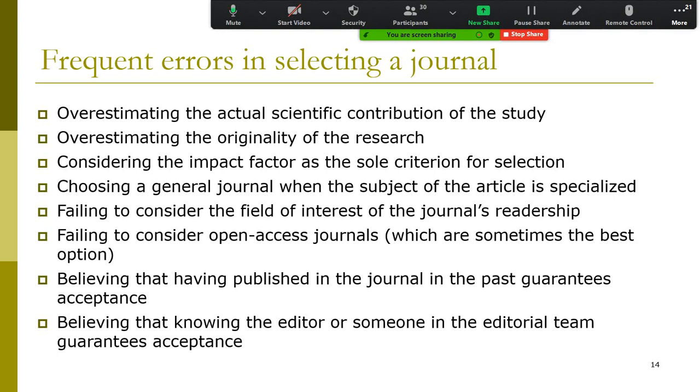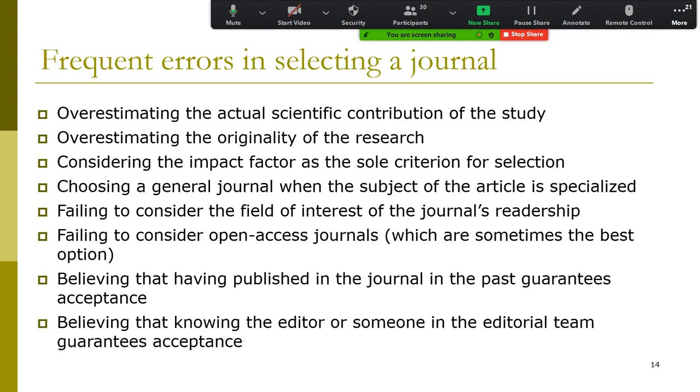In this case, the article is rejected from a good journal. Sometimes we overestimate the originality of the research, so we just repeat the research and there is nothing new or there is no innovation in our article. So in this case, it is again rejected from a good journal.